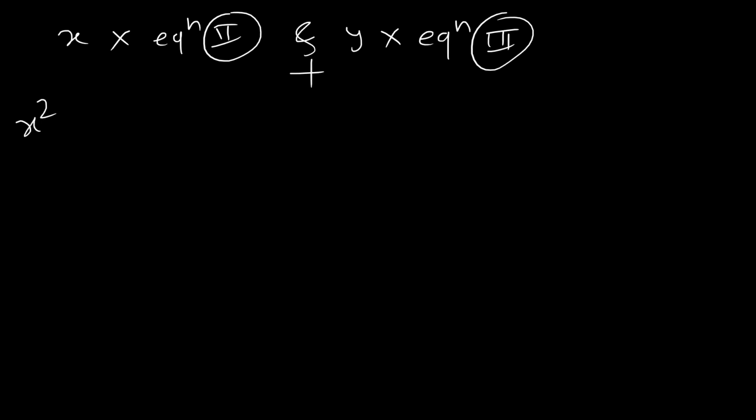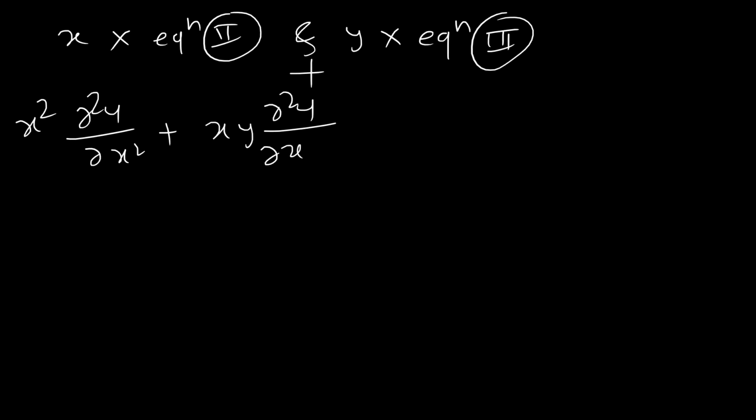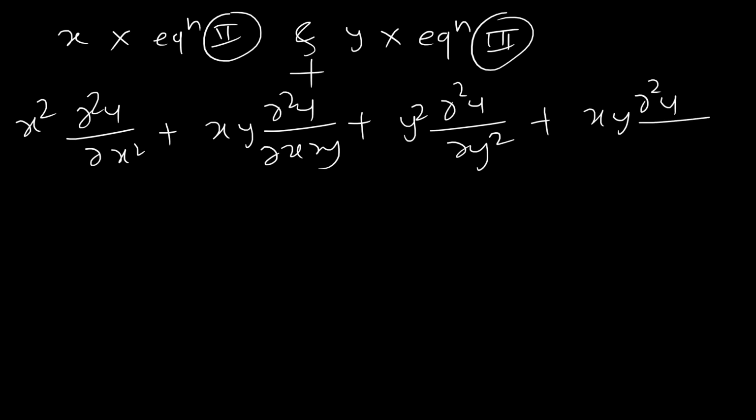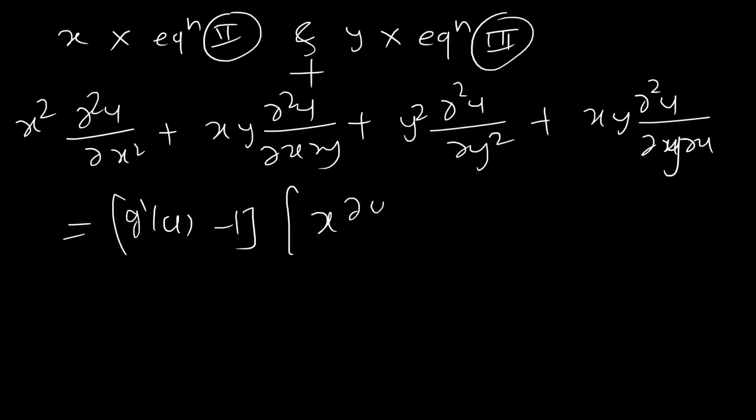It will be x square dou 2u by dou x square plus xy dou 2u by dou x dou y plus y square dou 2u by dou y square plus xy dou 2u by dou x dou y on the LHS, and on the RHS, since g dash of u minus 1 is there in both equations, taking it common, it will be x times dou u by dou x plus y times dou u by dou y.